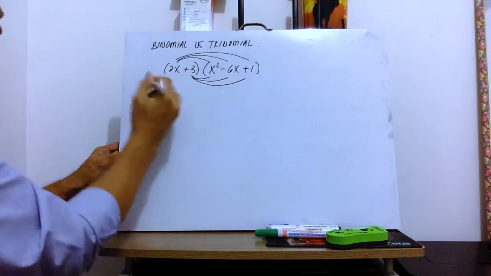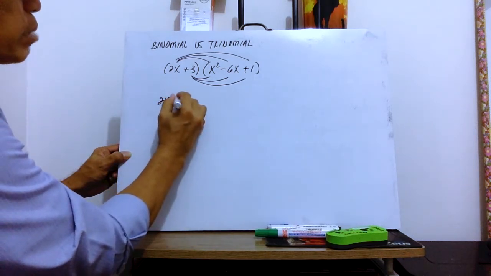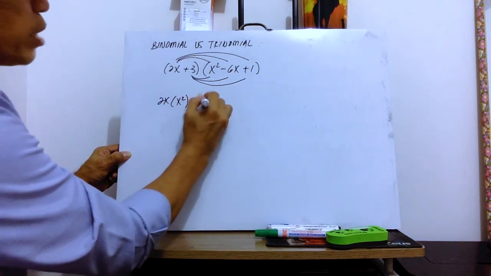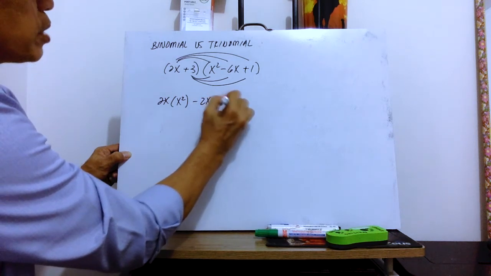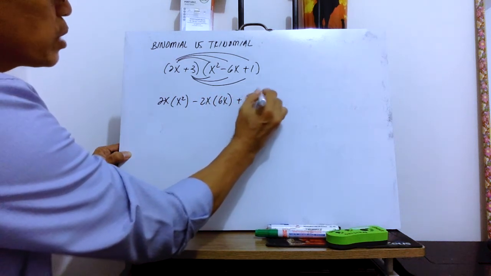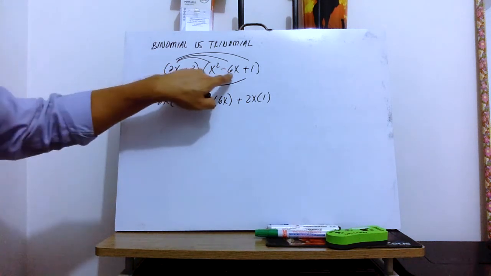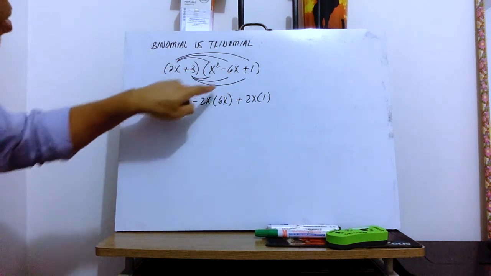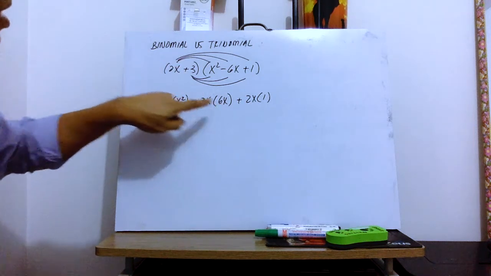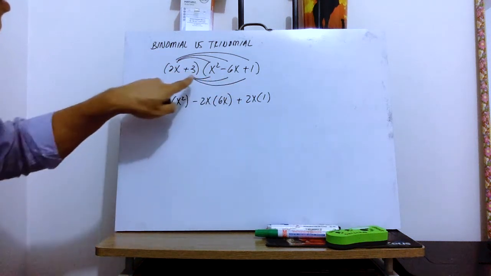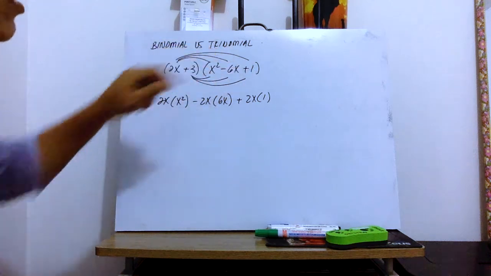Now for the first one, it is 2x times x squared minus 2x times 6x plus 2x times 1. 2x times x squared, 2x times negative 6x, or it's already minus, minus 2x, 6x, and then 2x times 1.